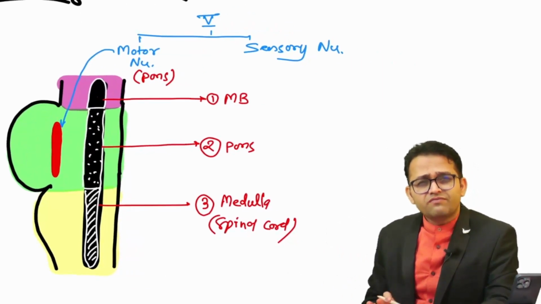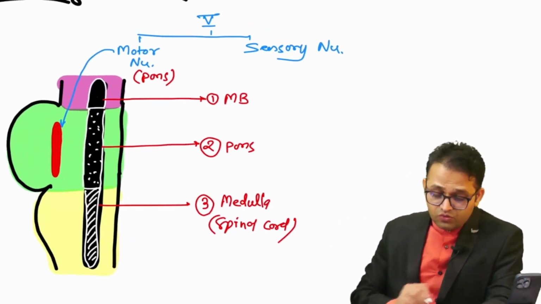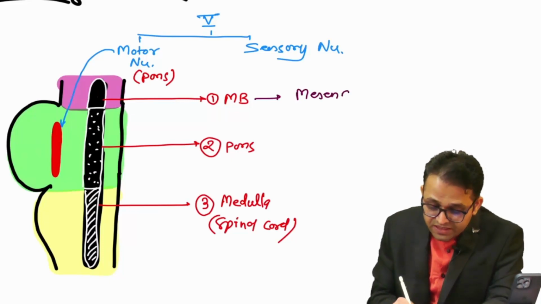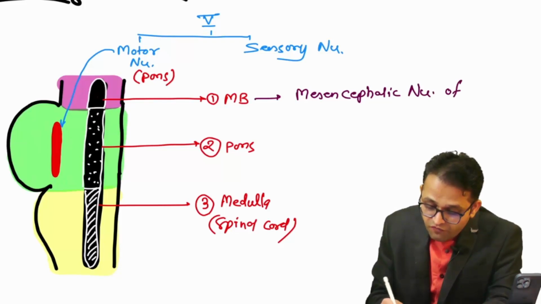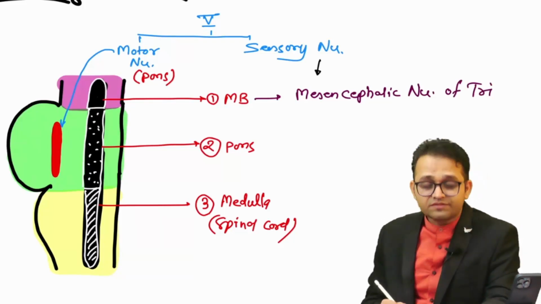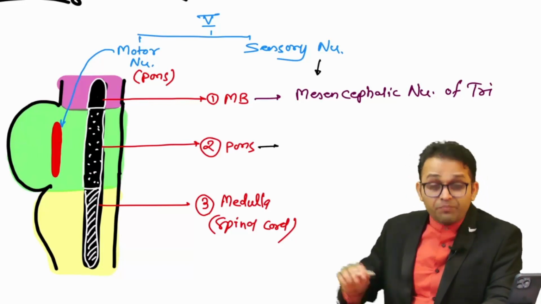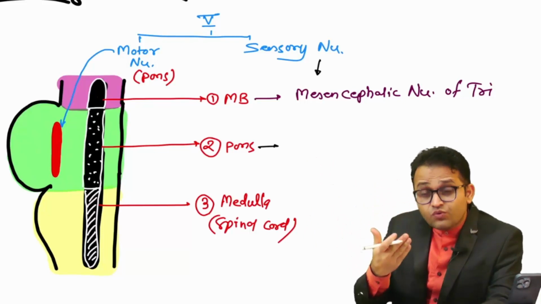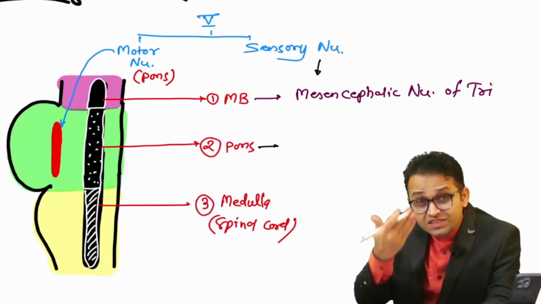Getting the point? Fine. Now look. Because it is in the midbrain, you will say the mesencephalic nucleus of the trigeminal nerve. We are talking about the sensory nucleus. The biggest nucleus is the pontine nucleus. So it is the chief nucleus, the pontine nucleus, the principal nucleus.